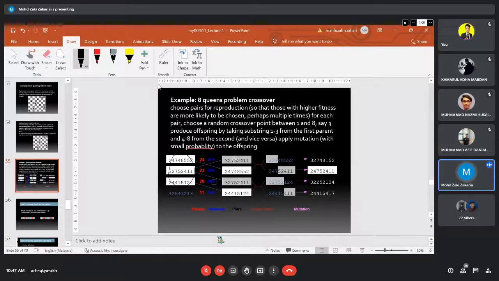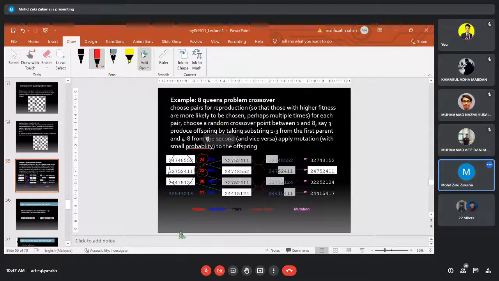Okay. After we evaluate the chromosome ni, so we get the value quality of chromosome. So the best chromosome 24 ni kat sini 24, 23.